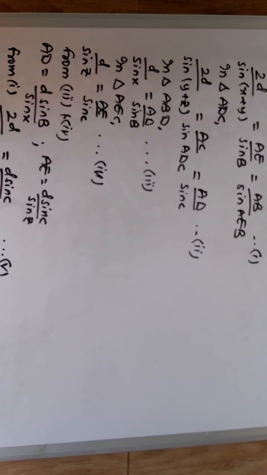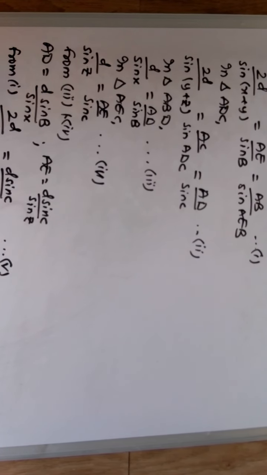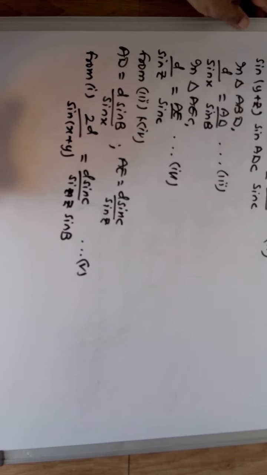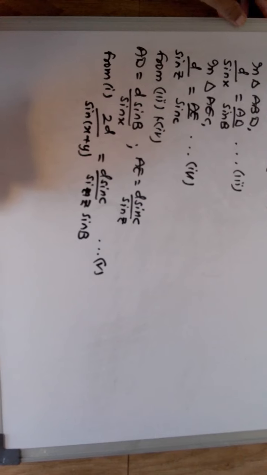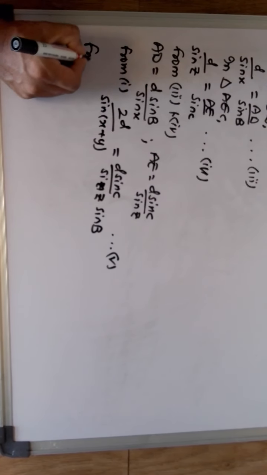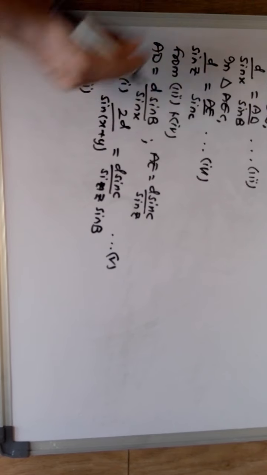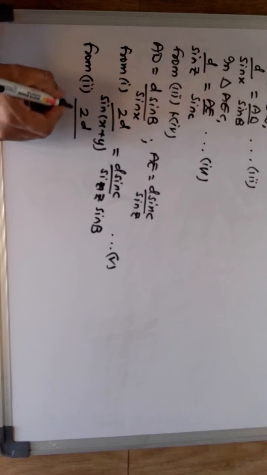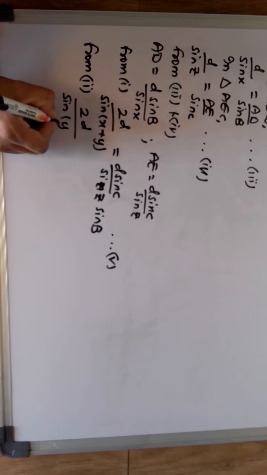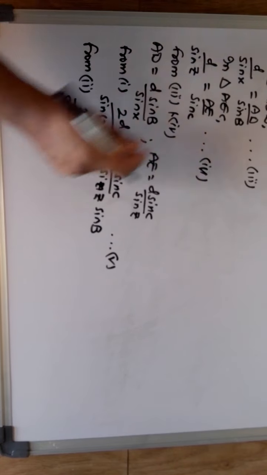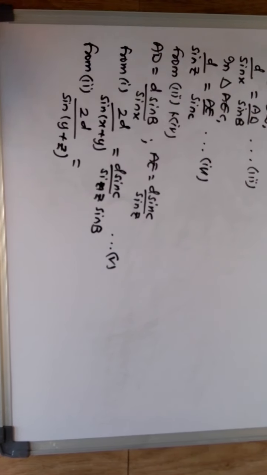Now from the second statement, where you got already the value of AD. Second one is 2D is to sin y plus z, okay, is equal to, I got the value of AD, so I will search only AD, I am not interested in AC at all.